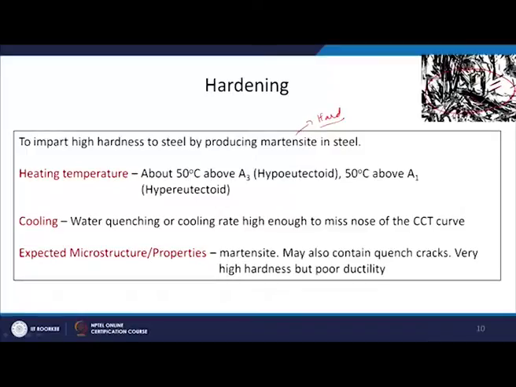arrangement. So, heating temperature is about 50 degrees Celsius above A3 for hypoeutectoid and 50 degrees Celsius above A1 for hypereutectoid. Cooling is water quenching or a cooling rate high enough to miss the nose of the CCT curve. So, cooling has to be high enough so that I do not cross the nose of the CCT curve.